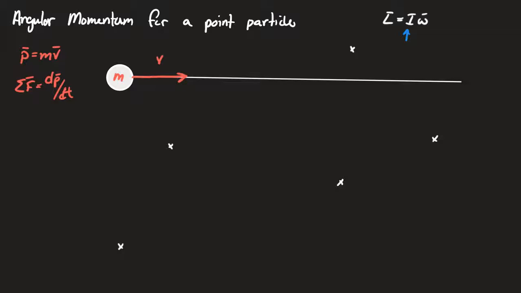So when we talk about angular momentum, we want to choose a point of rotation that makes sense for the situation that is occurring. For example, say a disk that is spinning in space about a point through its center. It would have one moment of inertia. It would be 1/2 mr squared.